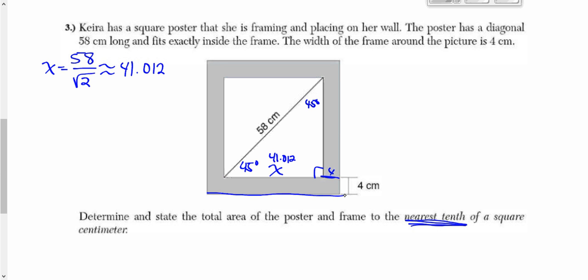Isn't this 4 as well? So if this is 41.012, what do we have to add to it? 8! What do you got?